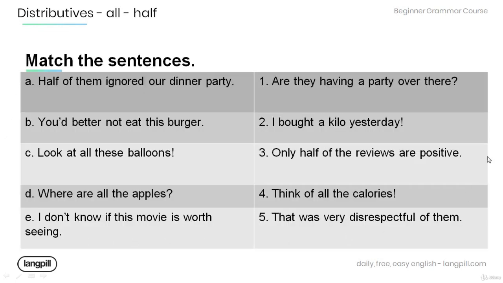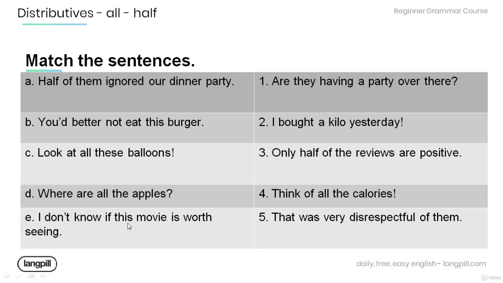Look at the following table below and match the sentences accordingly. A. Half of them ignored our dinner party. B. You better not eat this burger. C. Look at all these balloons. D. Where are all the apples?